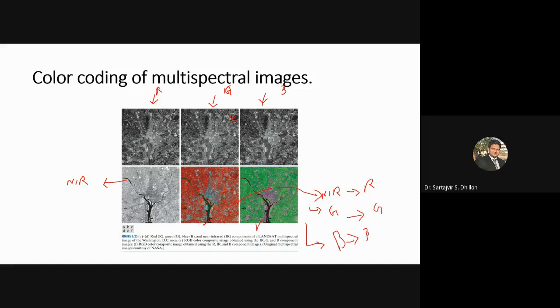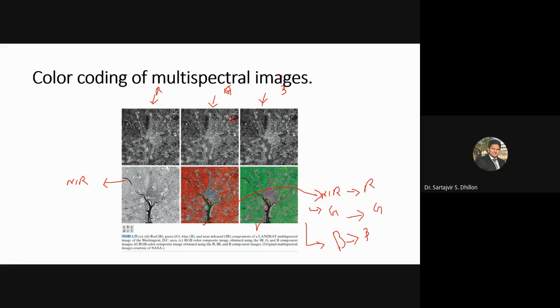At the end, you will see this kind of image, which is highlighting the vegetation area. This is a land with a river and a little built-up area, and you can see that the red portion represents the vegetation area.